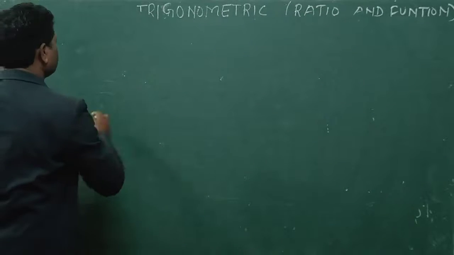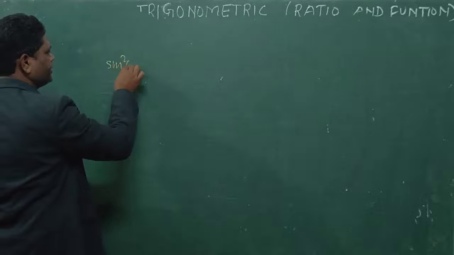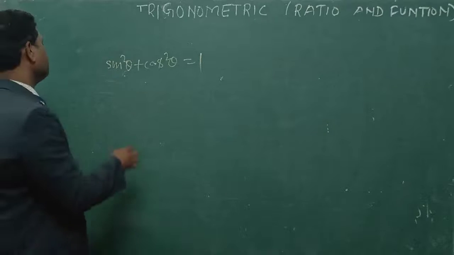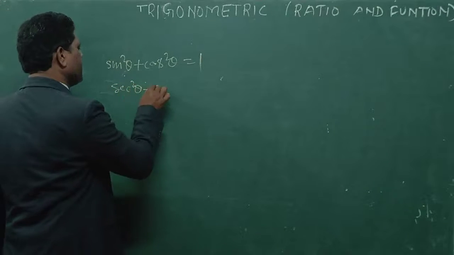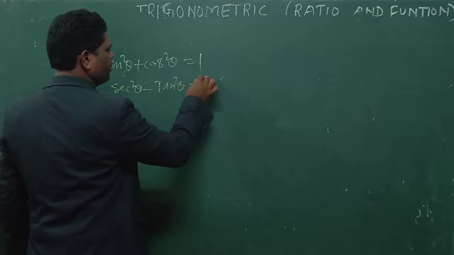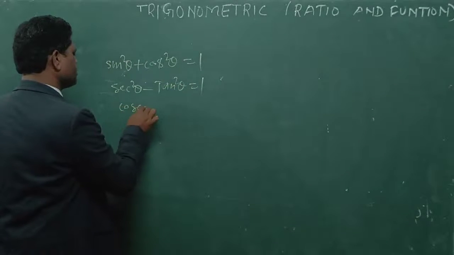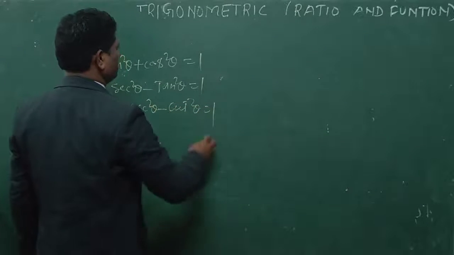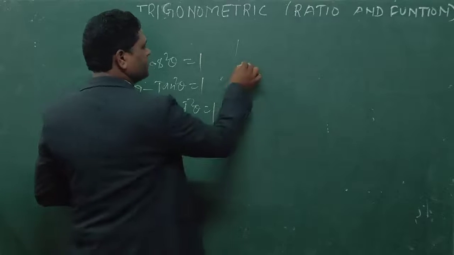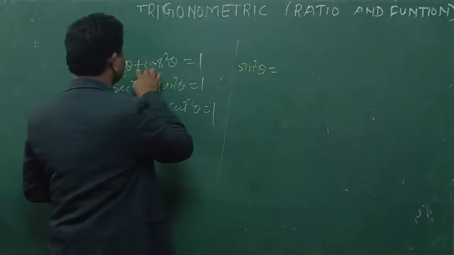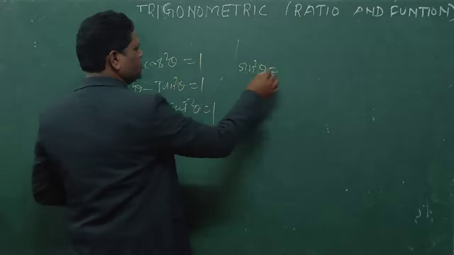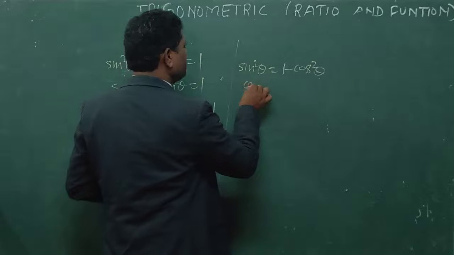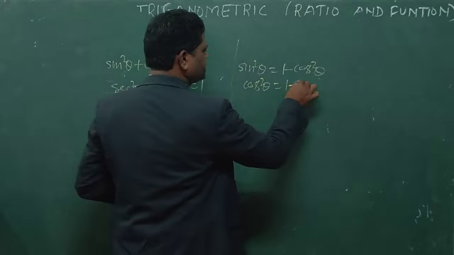I am telling you about some formulas of trigonometry. Sin square theta plus cos square theta equals 1, sec square theta minus tan square theta equals 1, and cosec square theta minus cot square theta equals 1. Sin square theta equals 1 minus cos square theta, and cos square theta equals 1 minus sin square theta.